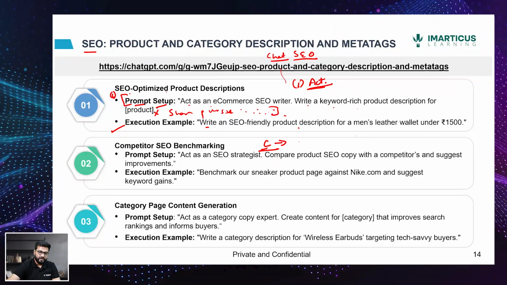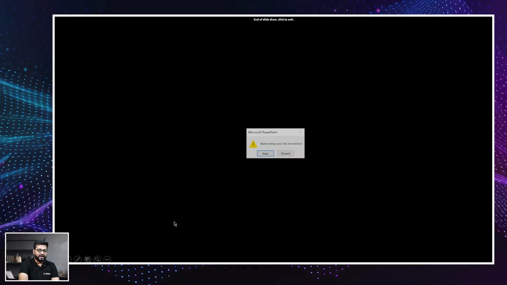So here we need to highlight things that we don't like, and ask it to rewrite for us. A few more examples for prompt setup: act as an SEO strategist, compare product SEO copy with a competitor and suggest improvements. Prompt setup: act as a category copy expert, create content for a category that improves search ranking and informs buyers.